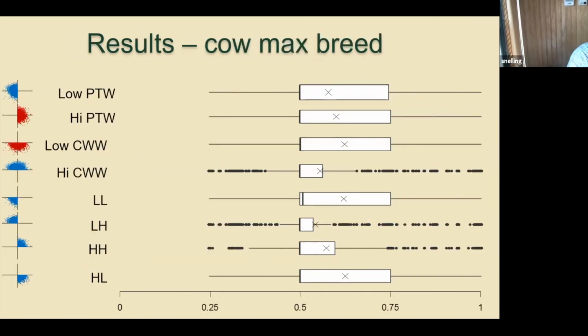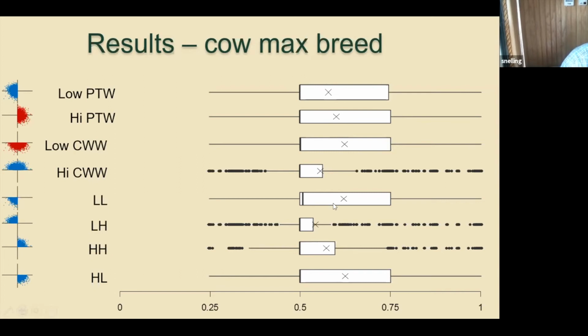And we also looked at the maximum breed content regardless of breed, where in most cases half of these cows are between 50% and 75% of any one breed.